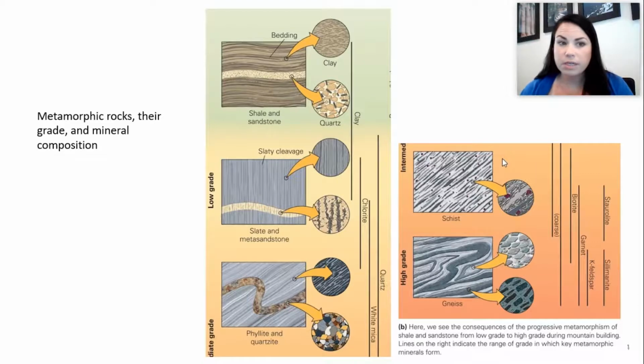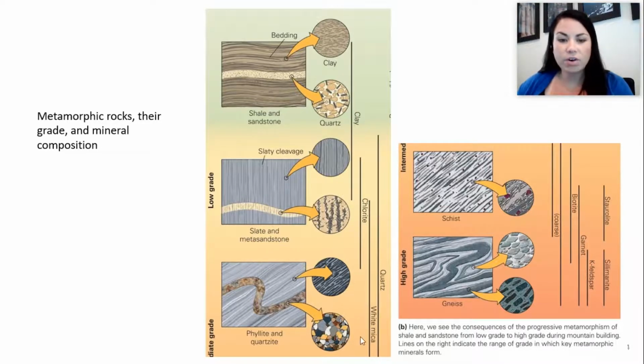Here's another example of metamorphic rocks, their grades and mineral composition. So here we have clays and quartz that have individual beddings. And as we increase our metamorphic grade, you can see that we see things like slate and metasandstone.